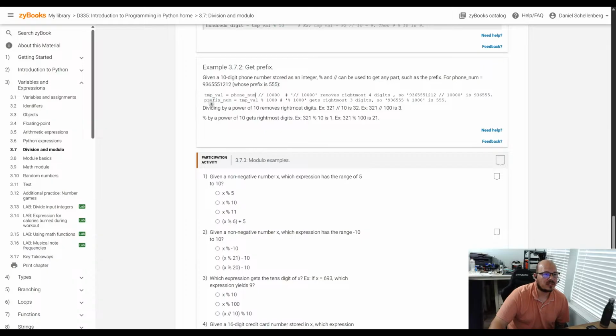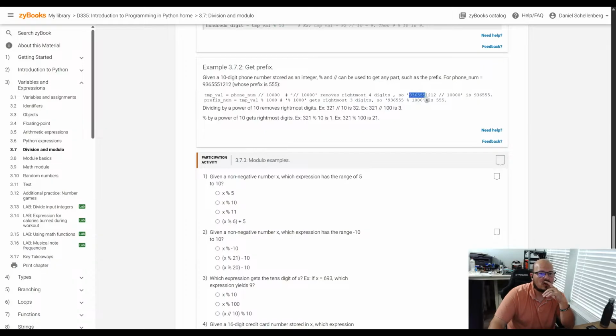Temporary value, or tmp_val, equals phone_num floor division by 1 followed by four zeros. So is that 10,000? 10,000 removes rightmost digits.